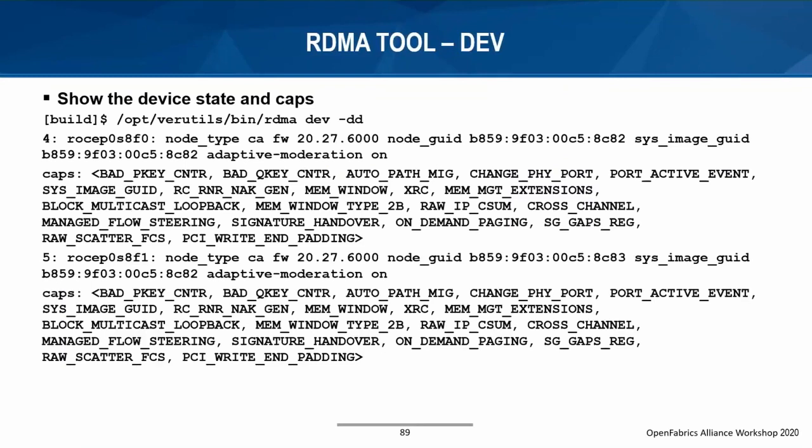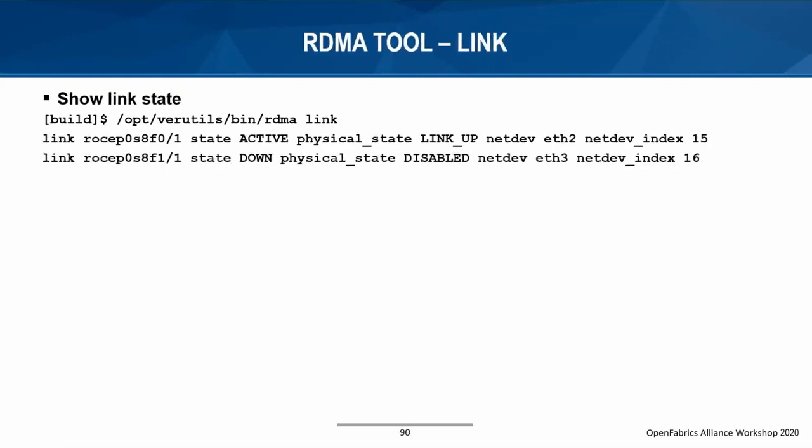Okay, so the first one is dev. The dev command provides information on the device itself. So you can see the GUID, the firmware version, and various capabilities that are supported by the device. Basically, dev provides all the information on the device. Next slide, please. The next one is link state.